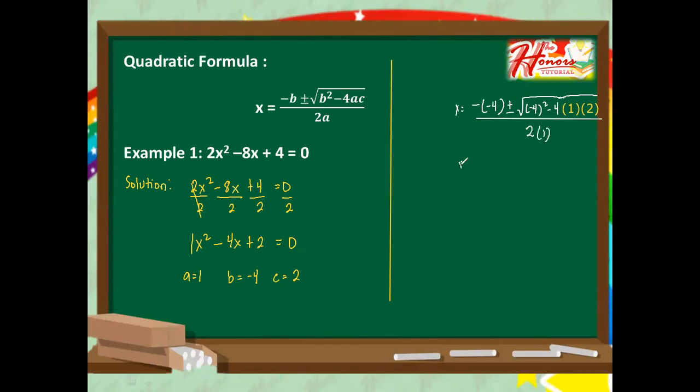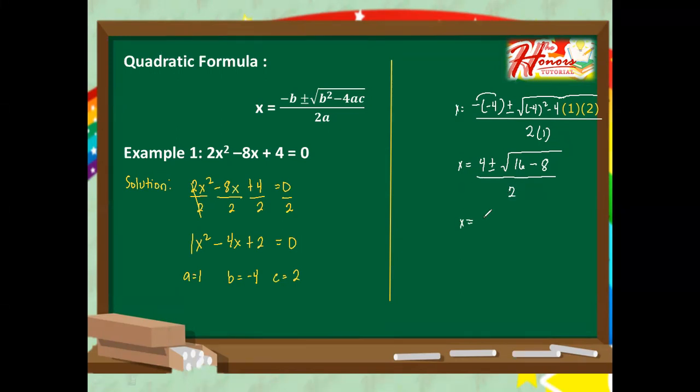Let's continue. X equals negative times negative is positive, so 4. Plus or minus the square root of negative 4 squared, that's 16. Minus 4 times 1 is 4 times 2, that's 8. So we have here 8. Over 2 times 1, that's 2.